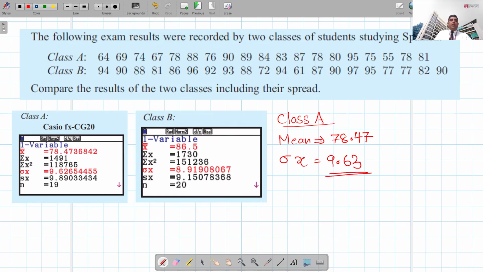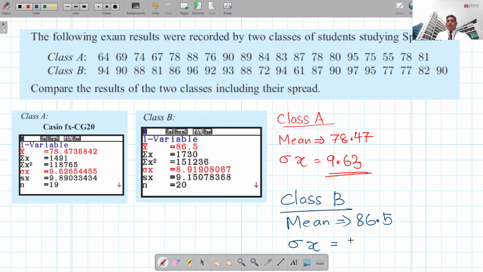Okay, and for class B, the mean is a lot higher than class A, which is 86.5, and the standard deviation is 8.92.